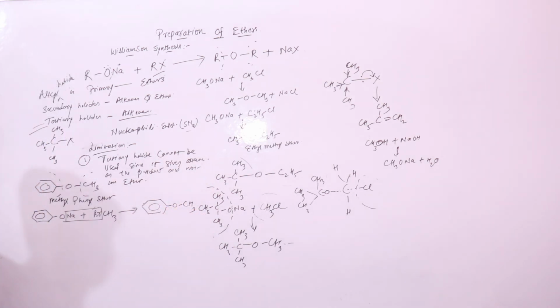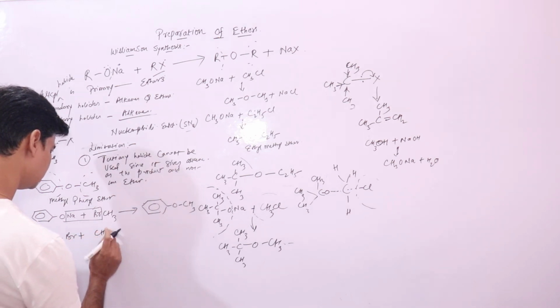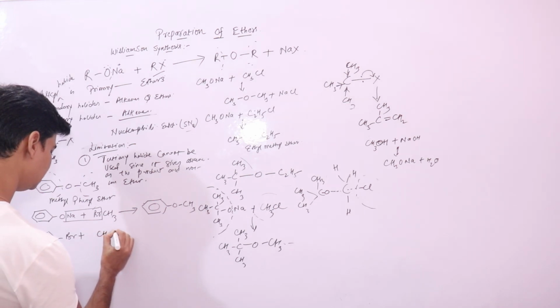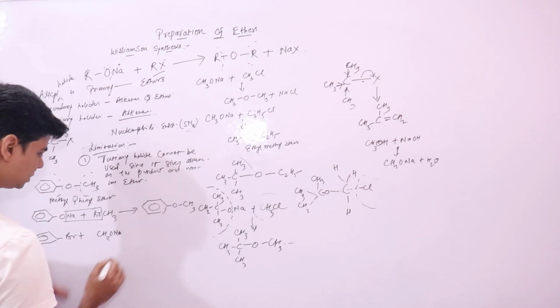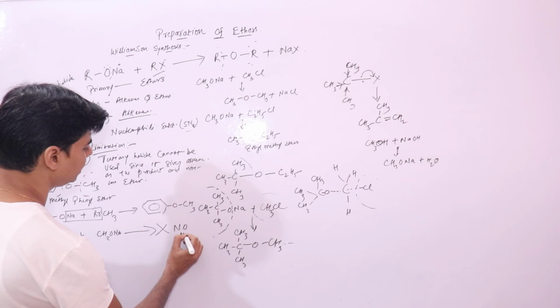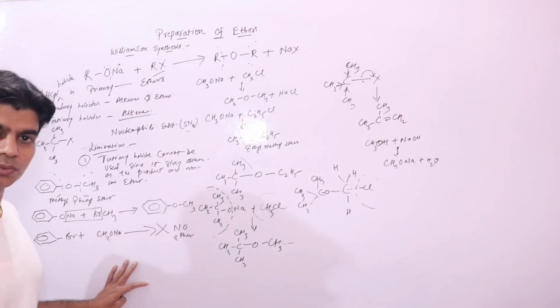this is the product. Now an important thing to consider here is, suppose I take this phenyl bromide plus CH3ONa. If I take this, then this reaction will not take place. You will not get any ether. If you take aryl bromide, phenyl bromide, with sodium methoxide, the reaction will not take place. Why?